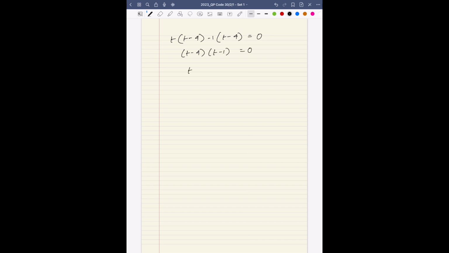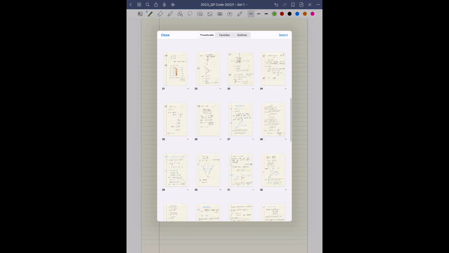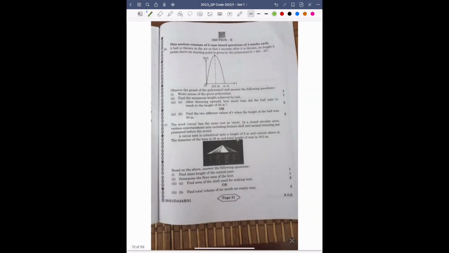So at t is equal to 1 and 4 seconds, your height is 20 meters. If you look at the graph, it does make sense that at 1 and 4 seconds your height will be 20 meters. This is your question number 36. Okay, moving on to the next one.